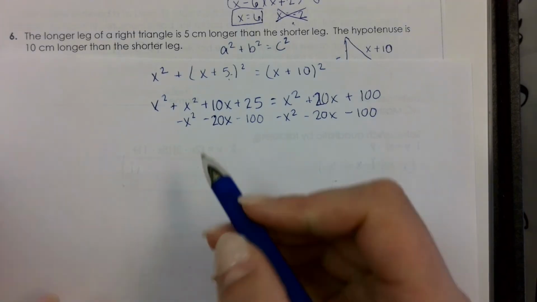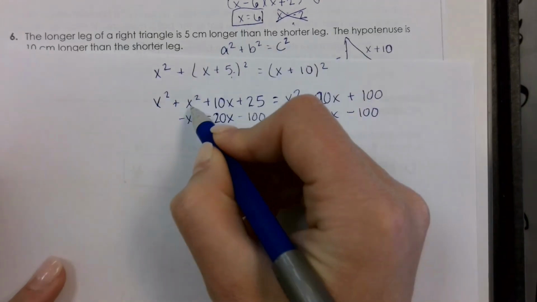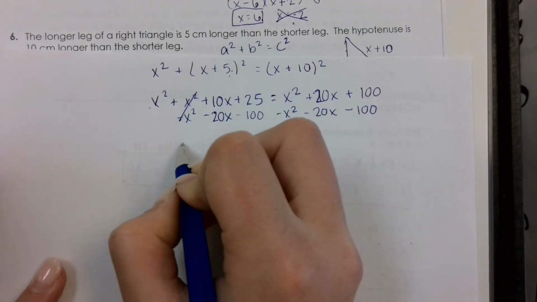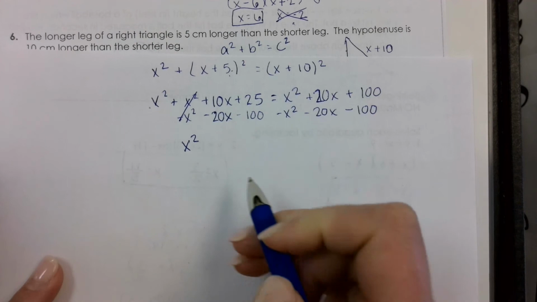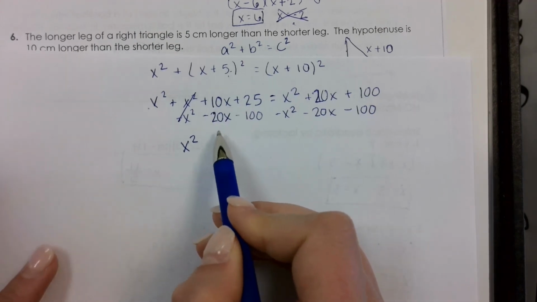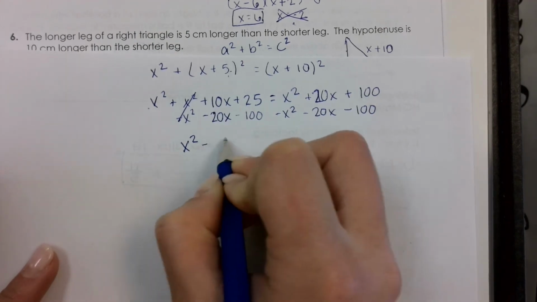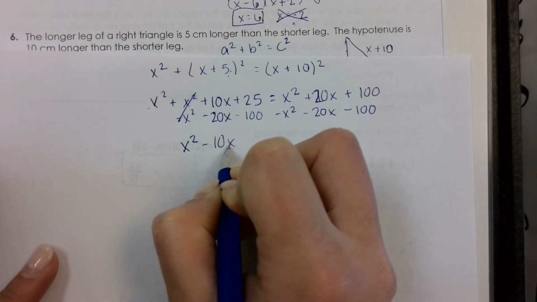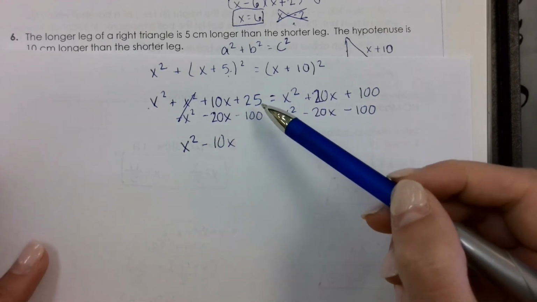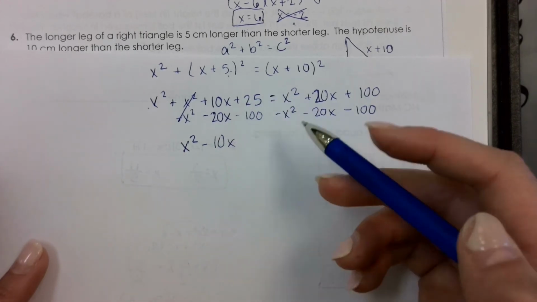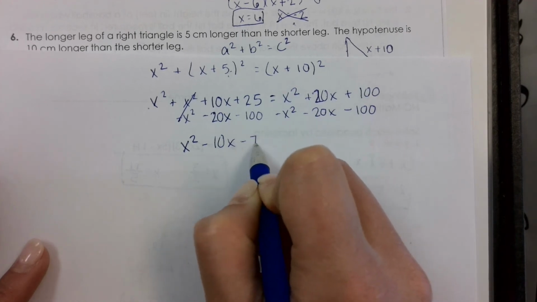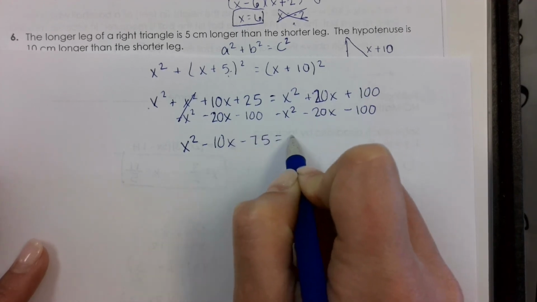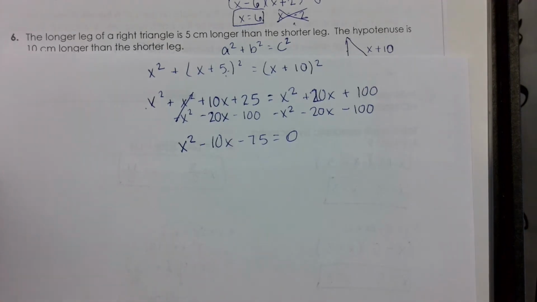What's going to happen with our x squareds? They cancel, but we still have the 1, so I'll bring him down. Then we've got 10x minus 20x. What does that give you? Negative 10x. Then 25 minus 100. What is that? Negative 75. All this equals 0. Is that okay?